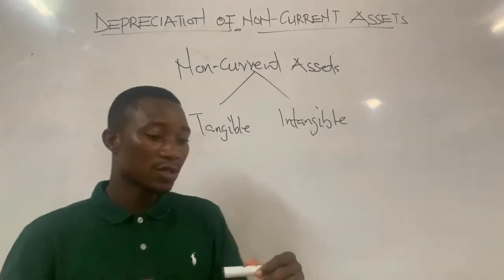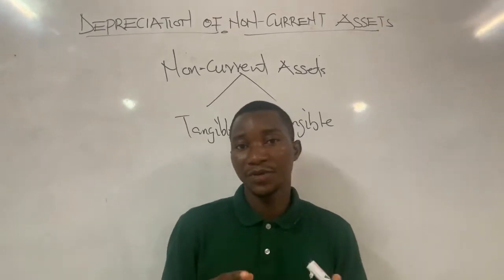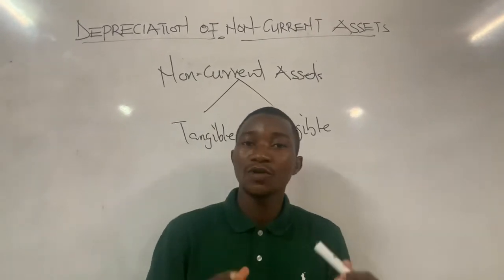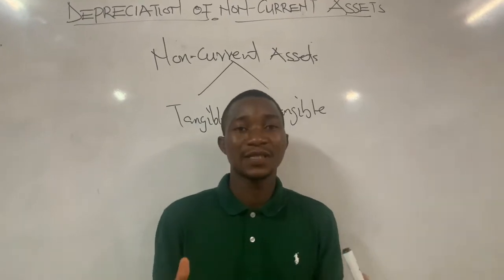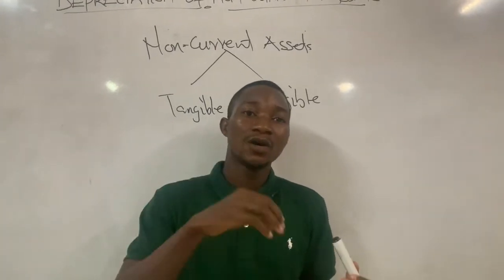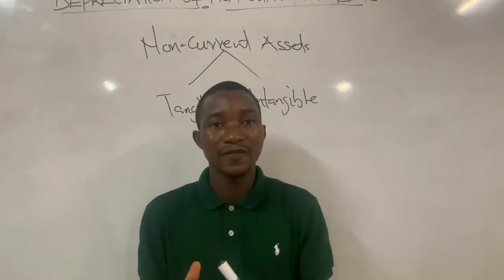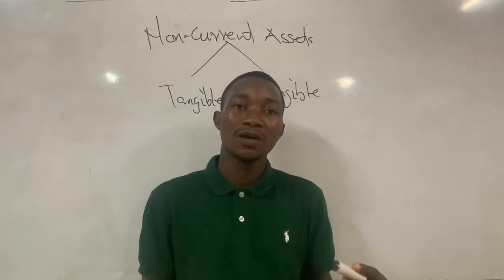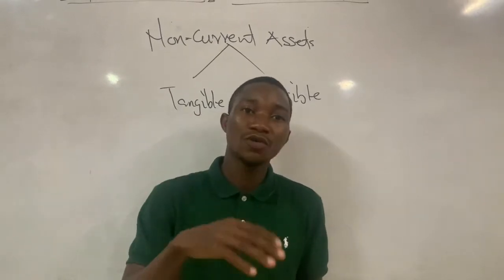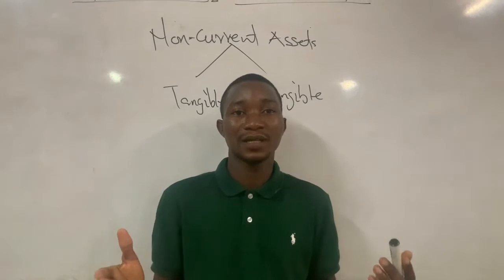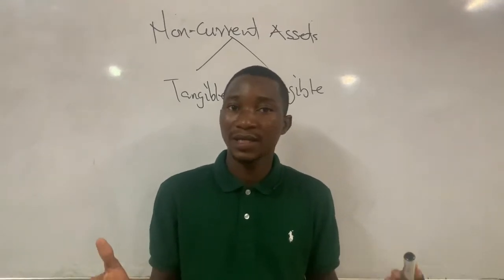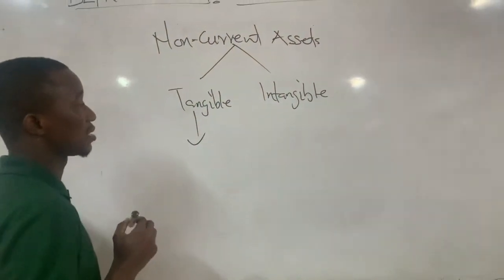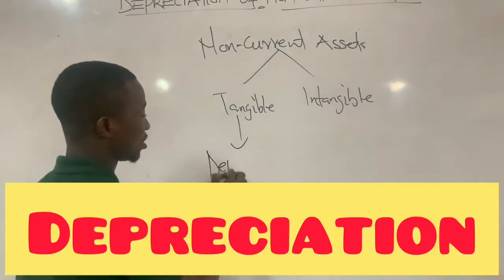The definition of depreciation is the systematic allocation of the depreciable value of a tangible non-current asset over its estimated useful life. So when the tangible non-current asset is losing value, we say that is depreciation.